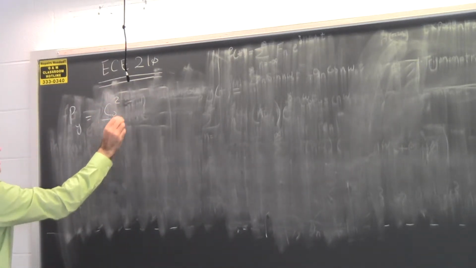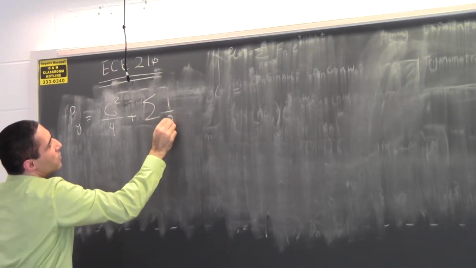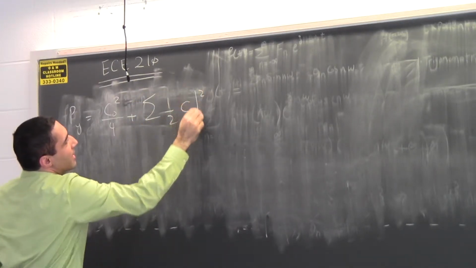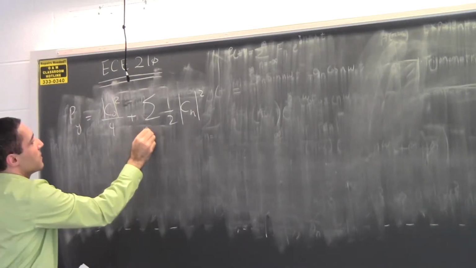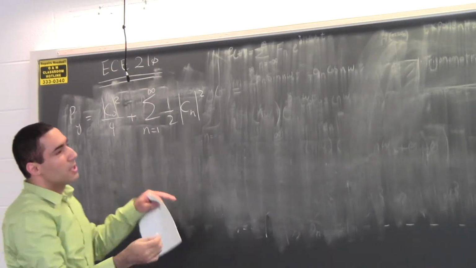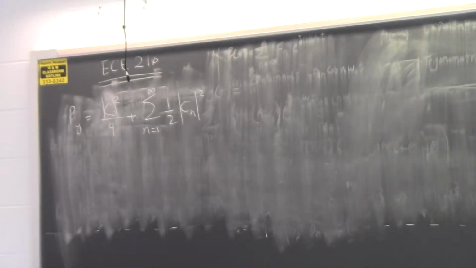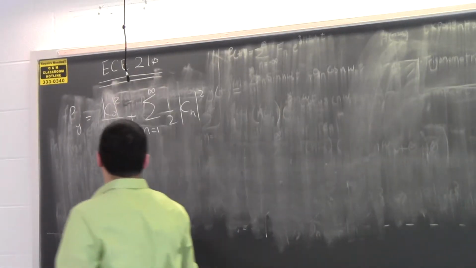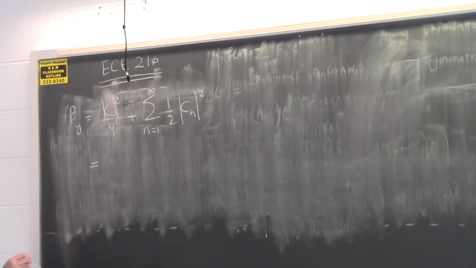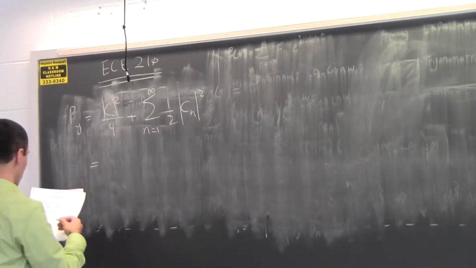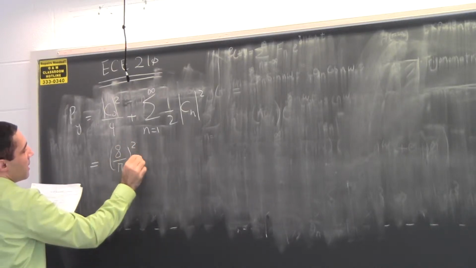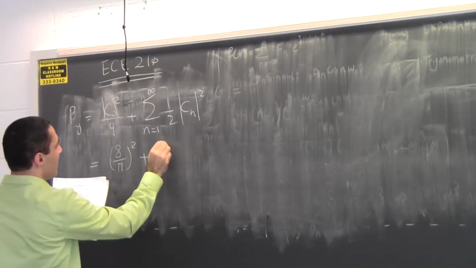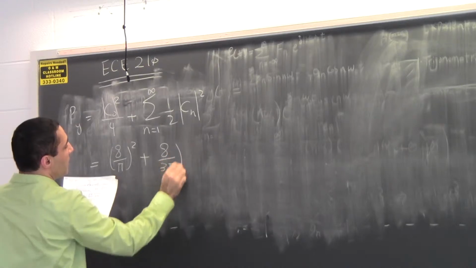C0 squared divided by 4 plus 1 over 2 times the sum of the absolute value of Cn squared. Here, n goes from 1 to infinity. We have only 2 terms. Look at this. This guy and this guy. 8 over pi squared plus 8 over 3 pi squared.